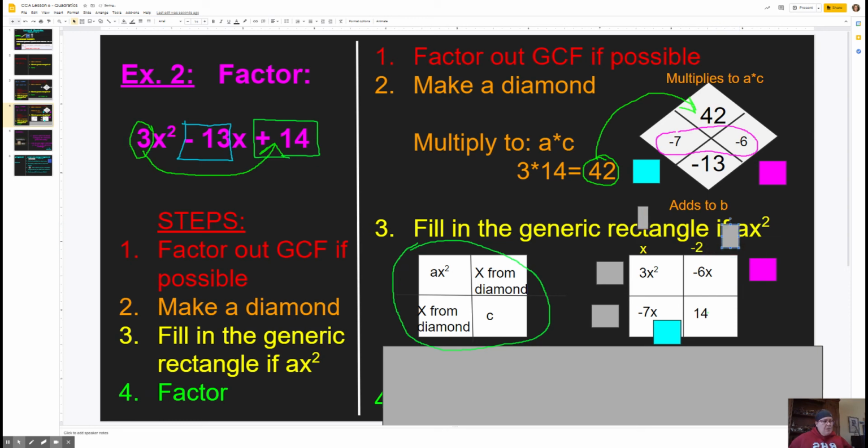One thing that we're going to keep in mind, though, is that we're probably going to need a negative 2. And here's why I'm thinking forward. I see that this is going to be a negative 7 right here. And since this is a positive x up here, I know the number outside of negative 7x here is going to have to be a negative. And a negative times a negative is going to be a positive. Now, here's the thing.